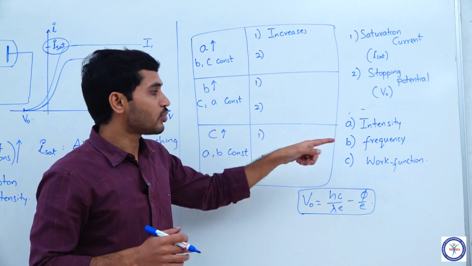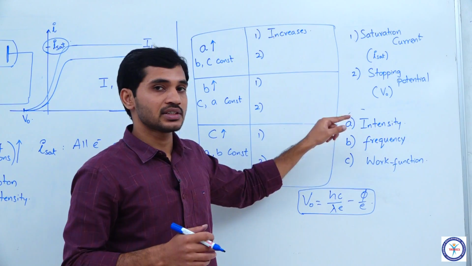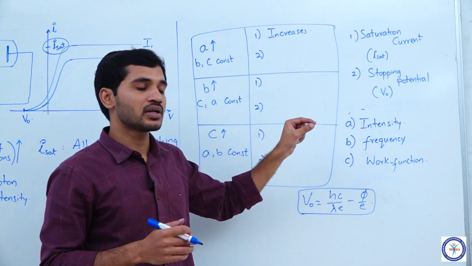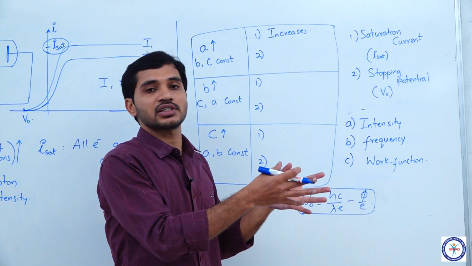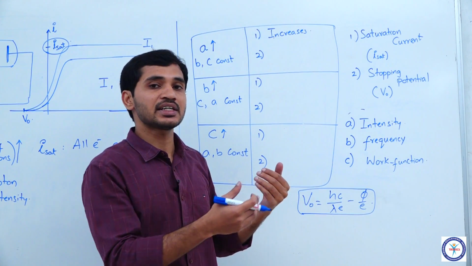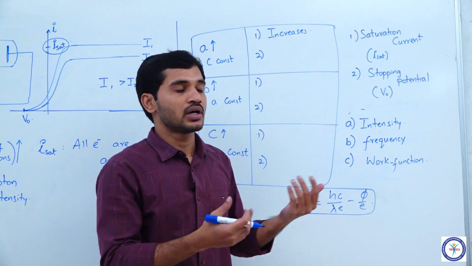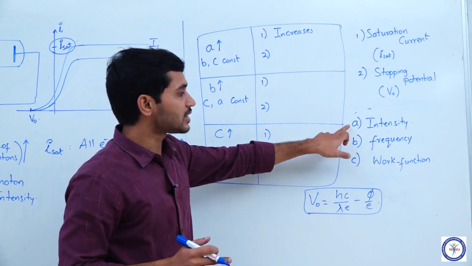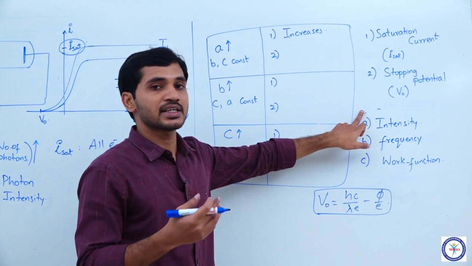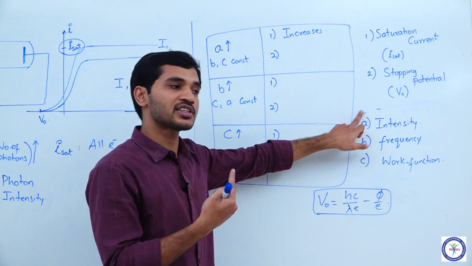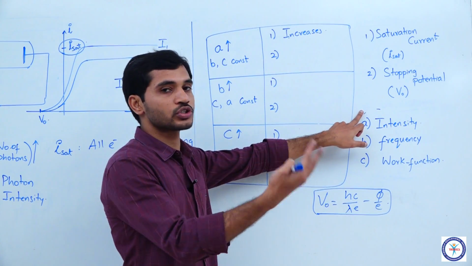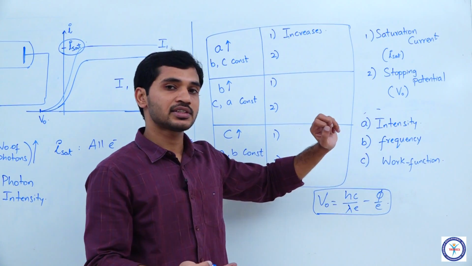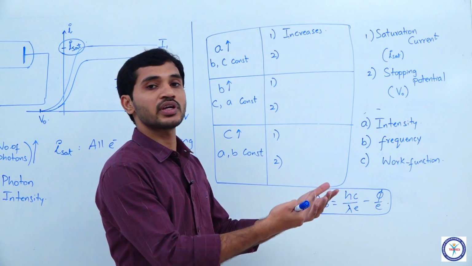Now, think about what happens if I increase the intensity. Increasing intensity will make more such cases happen. It does not increase the kinetic energy of an electron. Let me rephrase it. When intensity is increased, let us say earlier there was one fastest moving electron coming out which was stopped. Now, when I increase the intensity, there might be 10 fastest moving electrons.